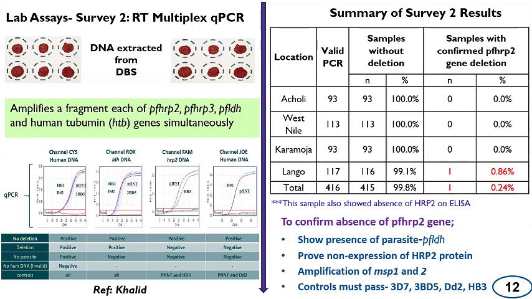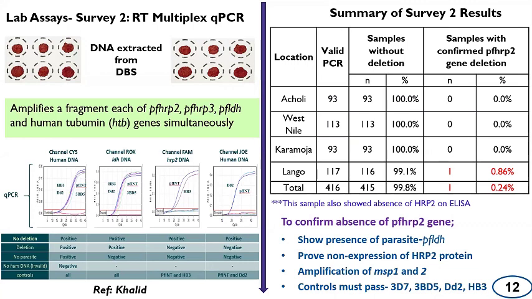And in order to confirm that this isolate is actually HRP2 deleted, you have got to prove and show that this isolate does not actually express HRP2 protein, and you do this with ELISA, a Luminex ELISA. This isolate must also be able to amplify MSP1 and MSP2, which are single copy genes, just like HRP2.